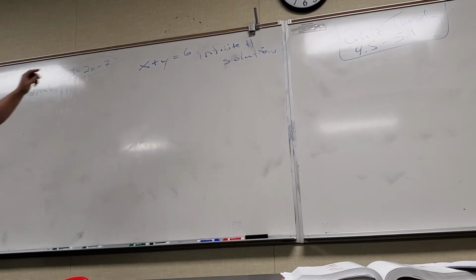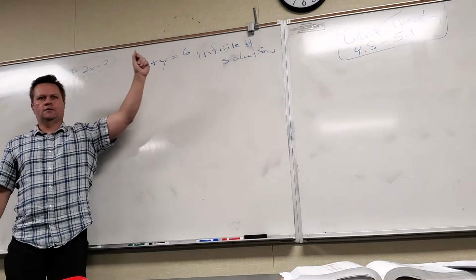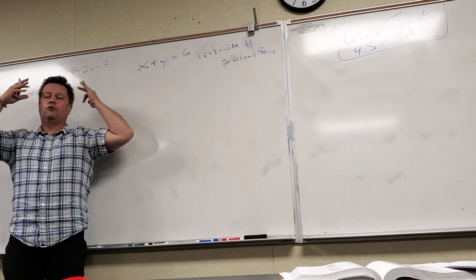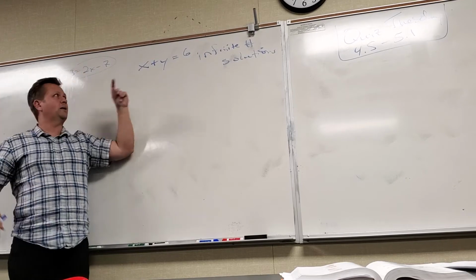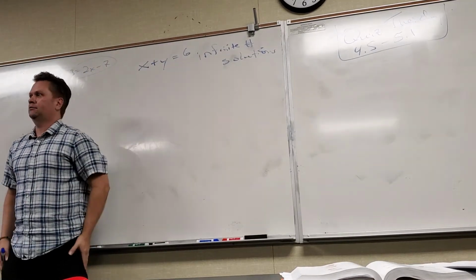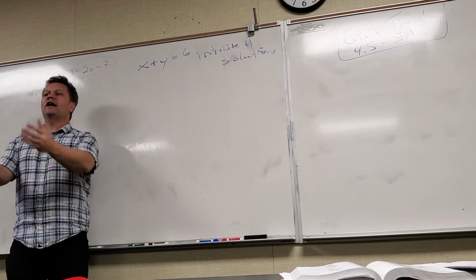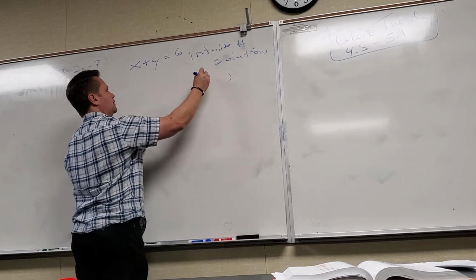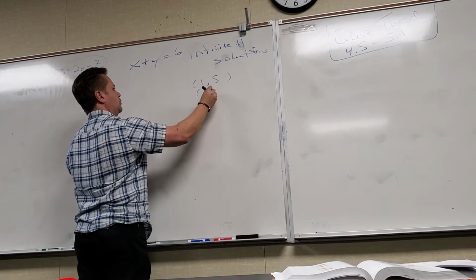So let me see. If I tell you 2 numbers add to be 6, there's an infinite number of those. Right? The ones you think of, 1 and 5, 2 and 4, but what about 5.5 and 0.5? You with me? So hey, do this. Give me some answers. So I just gave us some answers. 1 and 5, 2 and 4.